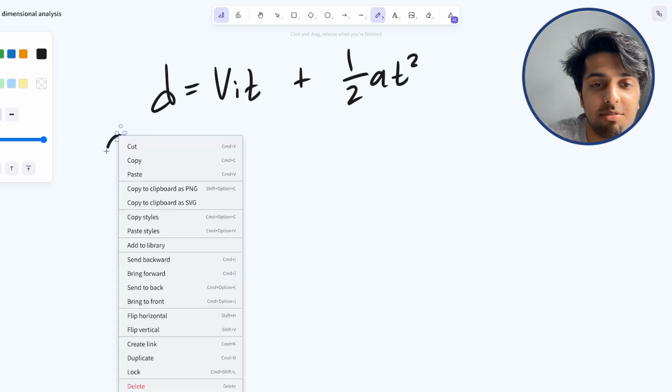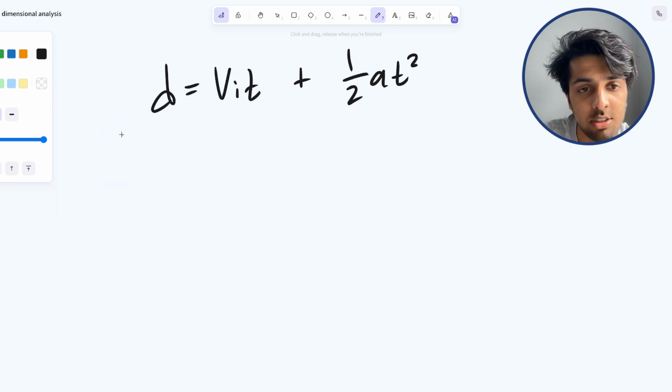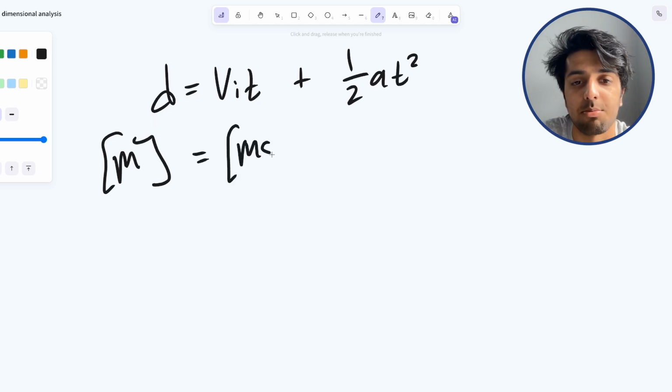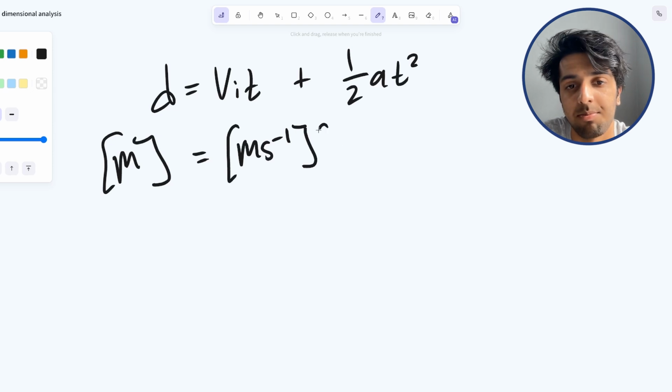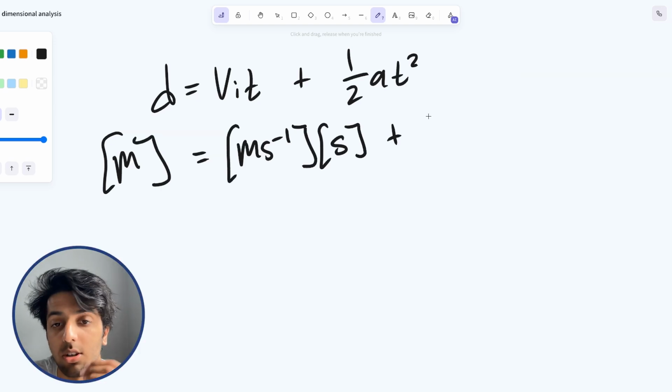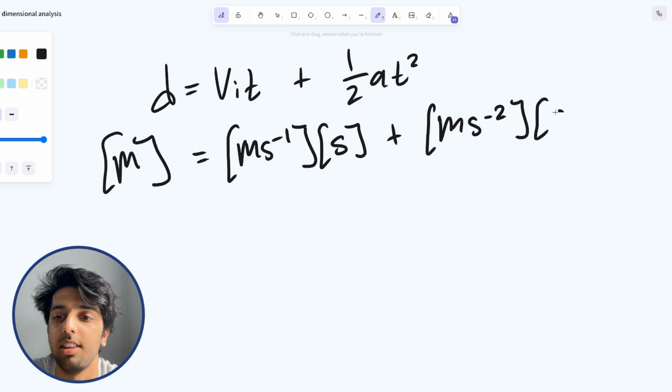So on this side of the equation, we got meters, obviously, because that's just distance. But that is equal to velocity, which is meters per second, times seconds, right? Plus, again, we ignore the half because it's a multiple constant, plus acceleration, which is meters per second squared, times time squared.